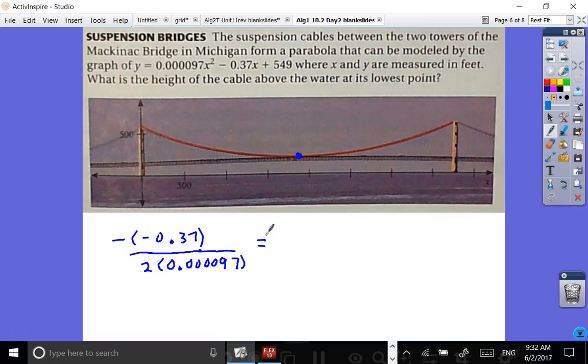I'm getting 1907.2. Now that's what we've got to plug into that equation. That's going to go here and here.